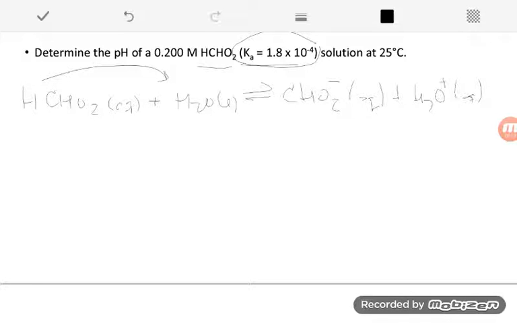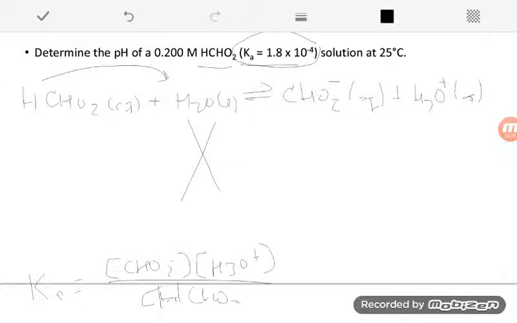We wrote the equation. Now we're going to write the expression for Ka. As usual, we'll leave out water because it's a liquid. So we're going to have CHO2 minus times H3O plus over HCHO2. So we're just doing our products over reactants.